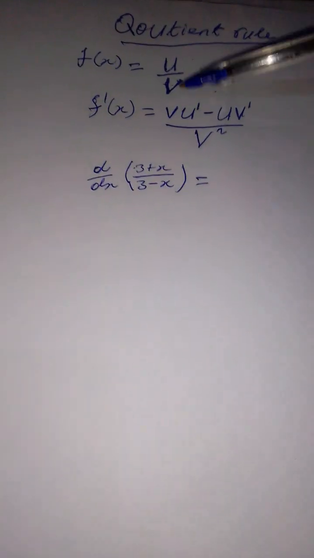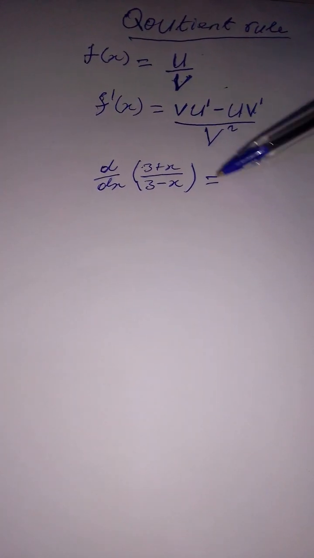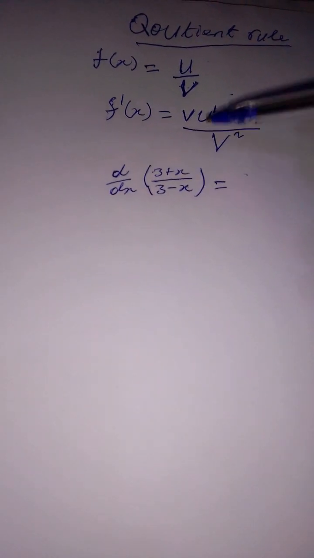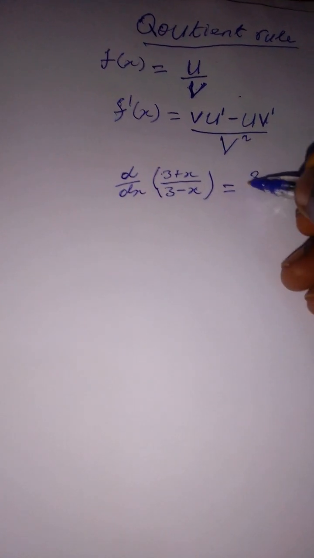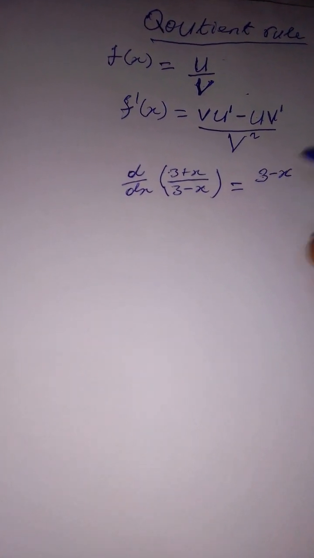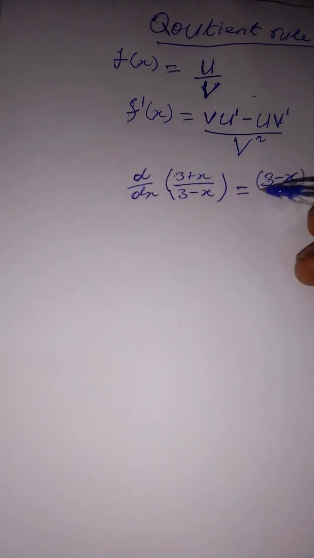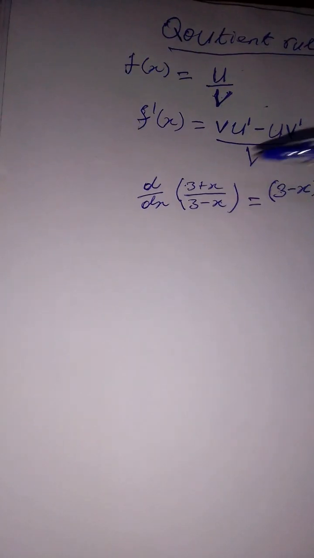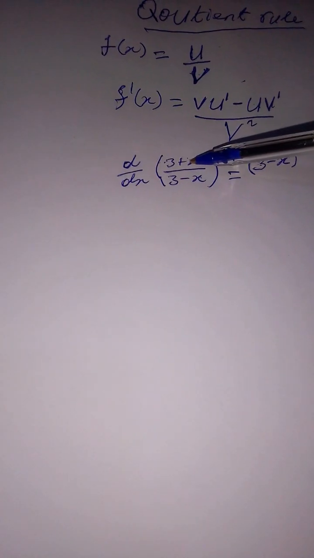From our quotient rule, we have to hold the denominator. Our denominator here is 3 minus x. So we hold the denominator 3 minus x, put that in brackets, and multiply by the derivative of the numerator.